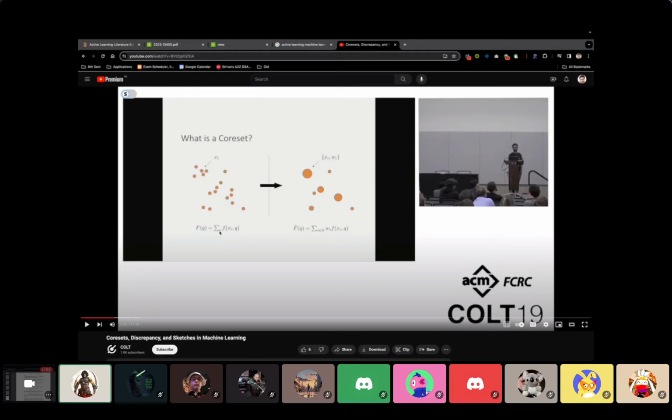You are computing a function from these points, and core set is basically you compute some points and corresponding weight vectors, so that when you compute that same function on these new data points with respect to the weights, you get exactly the same value. This is core set, and there are various ways to compute it.